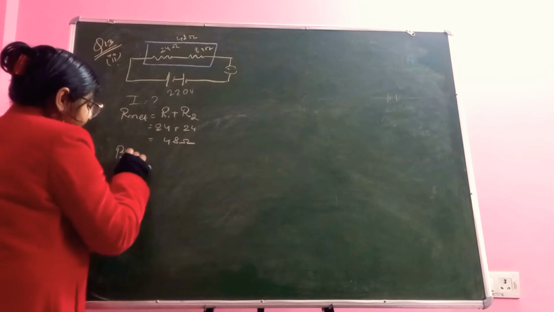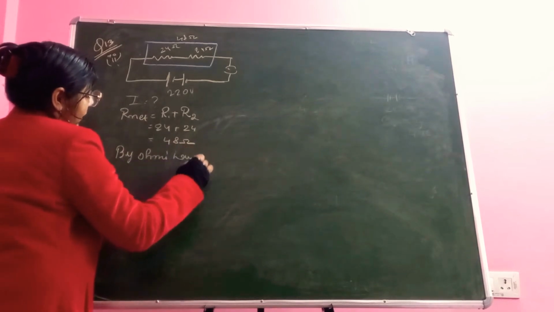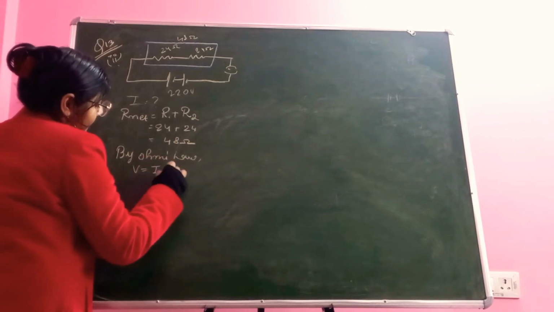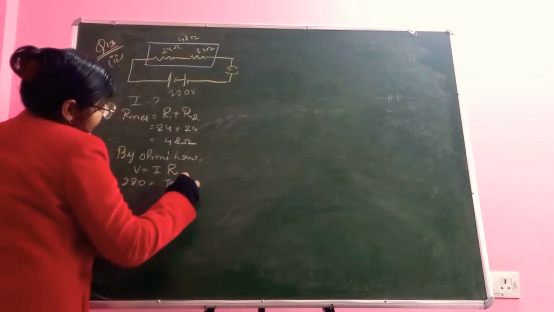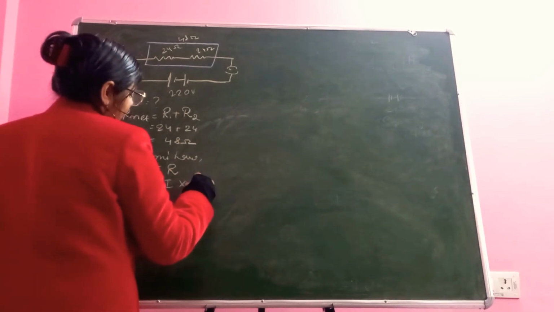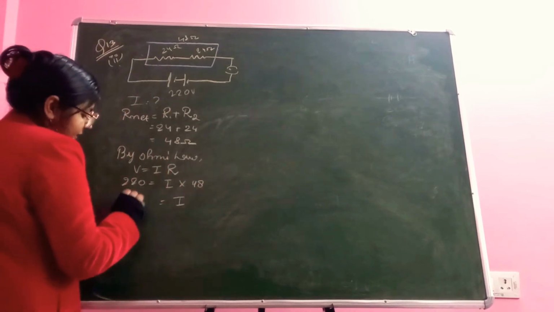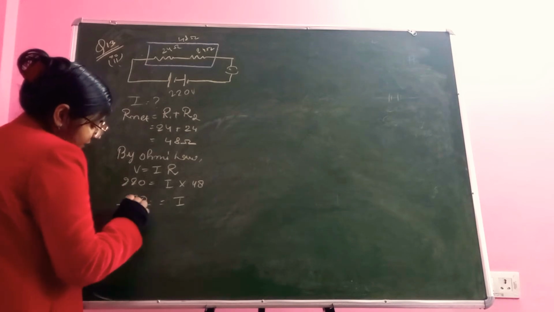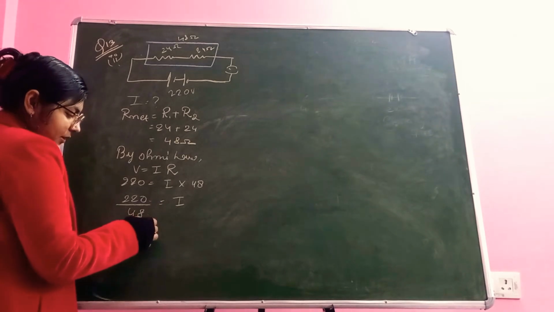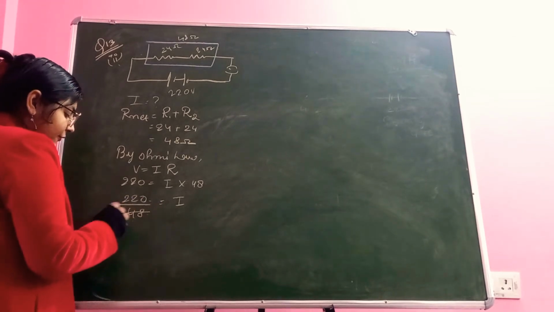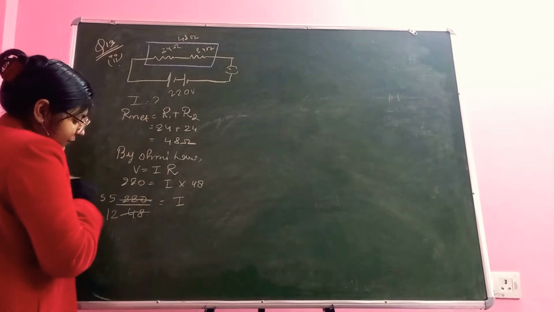By Ohm's law, V is equal to IR. V is 220, I we have to calculate, and R is 48. Now what will be the value of I? Again 48 is from a different family, so it should come at this side. हमें पता ही है ये 4 से कैंसिल हो जाएगा, 48 भी 4 के टेबल में और ये भी. 4 12s are 48, 4 5s are 20 and 4 5s are 20.